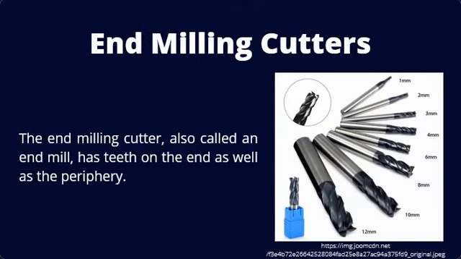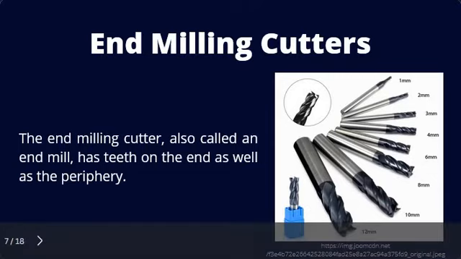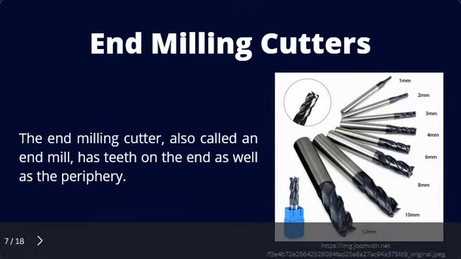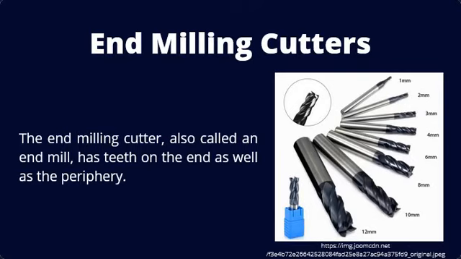Next cutting tool on milling machines are end milling cutters. The end milling cutter, also called an end mill, has teeth on the end as well as the periphery. The smaller end milling cutters have shanks for chuck mounting or direct spindle mounting. End milling cutters may have straight or spiral flutes.